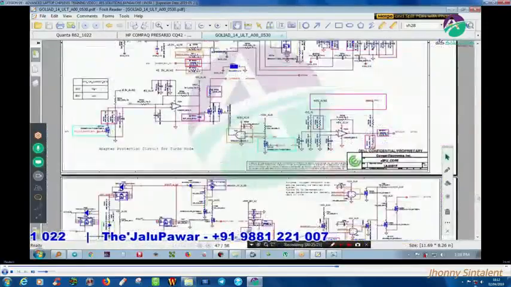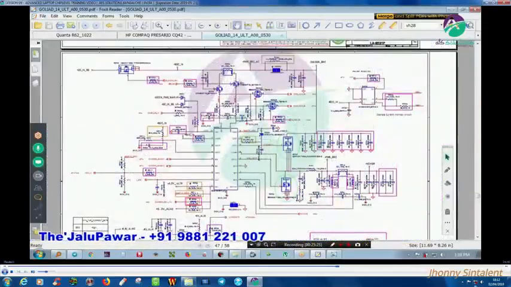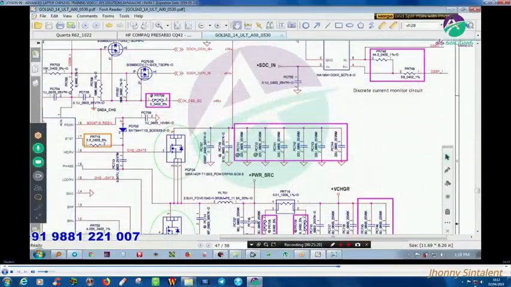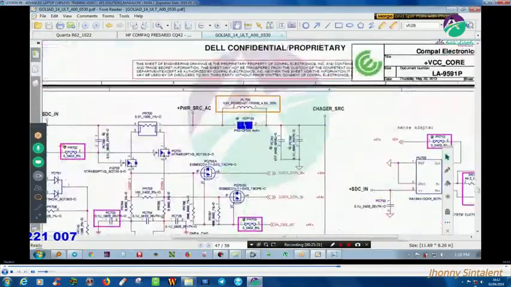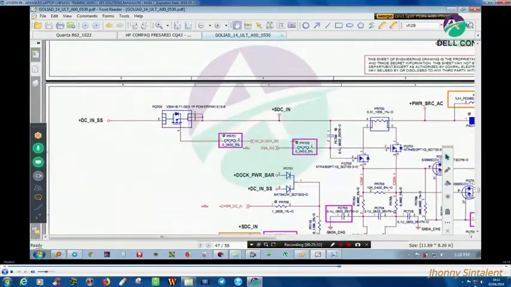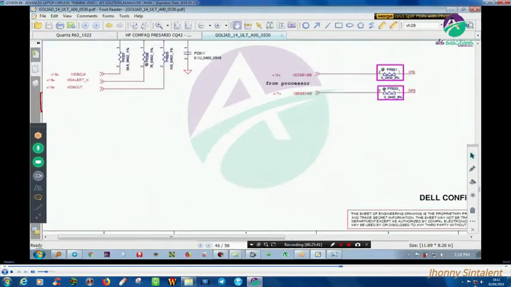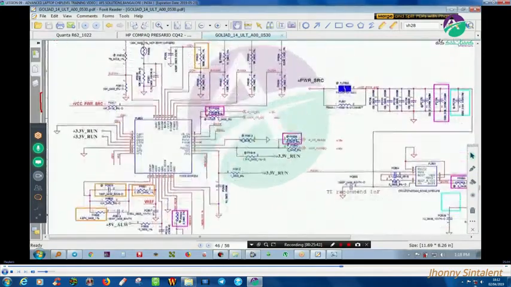This docking station. Yes, this is my Wien. This is what I was trying to tell you. DC in means voltage coming from the adapter. Proof, you will see here from a DC jack.